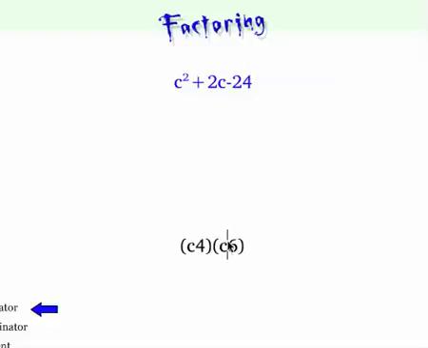So the 6 is going to be positive, and the 4 is going to be negative. Negative 4 times 6 is negative 24, but negative 4 plus 6 is positive 2. So that works. And if you're not sure it actually works out, just do your FOIL, and it'll give you this as the response.